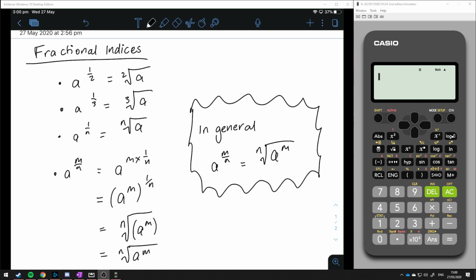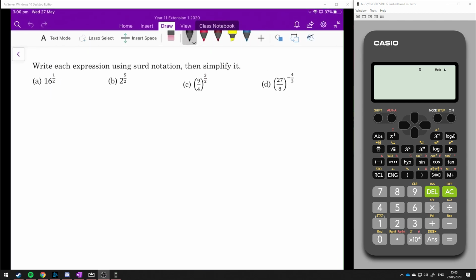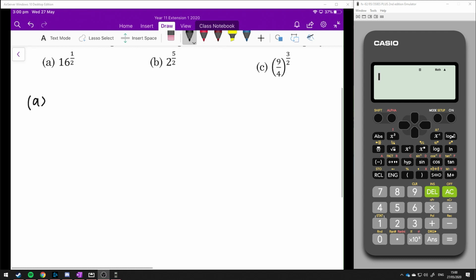All of our rules and index laws still apply to these fractional indices. It's just that now they're fractions, we can change them into a new format.